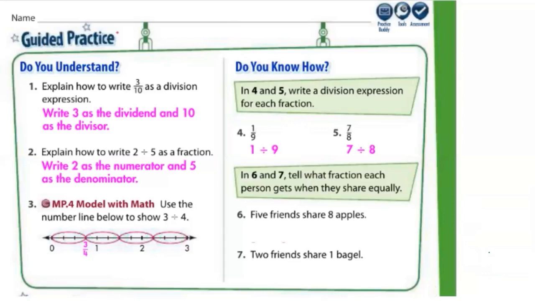Okay, 5 friends share 8 apples. I told you before, you can divide the apples over the persons. Someone writes 5 persons over 8 apples. Okay, sure, he will kill one of those 5, so this answer is not acceptable. I can divide or share the 8 apples over the persons.